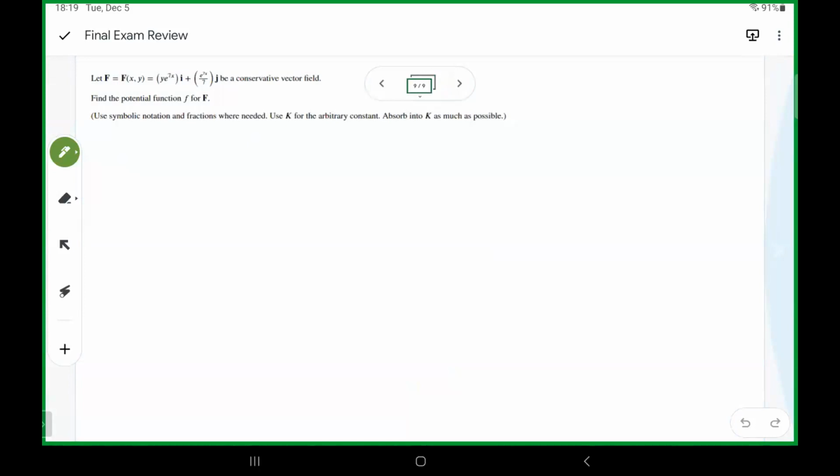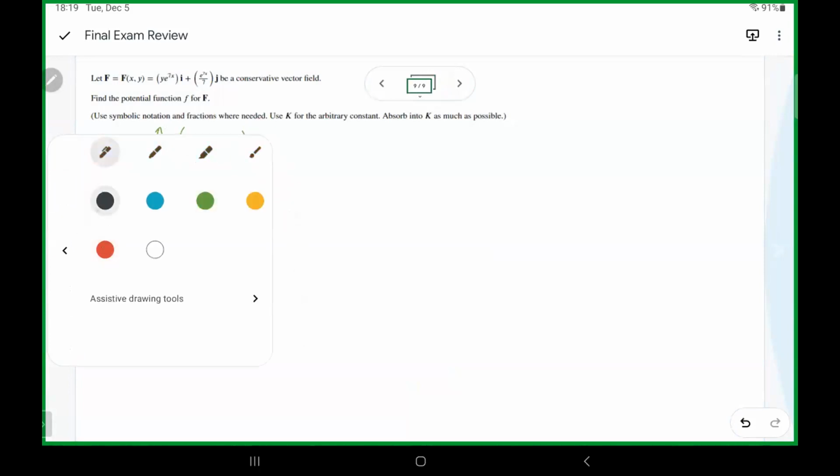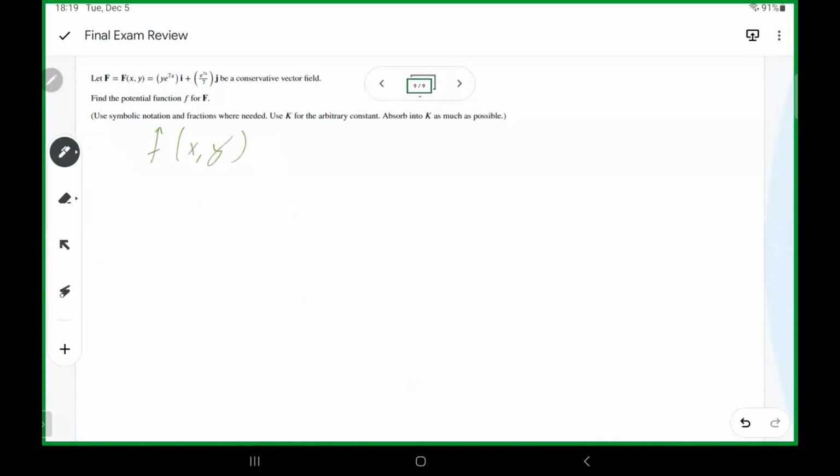So if we're looking for f of x, y as the goal, then we would have gradient f equal to F of x, y equals y e to the 7x i plus e to the 7x over 7 j.